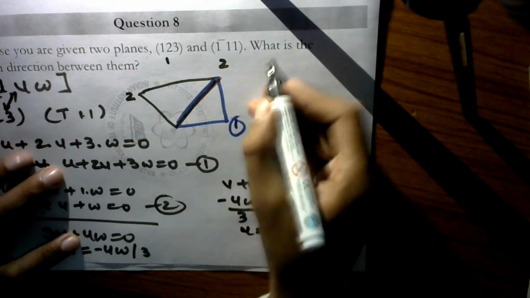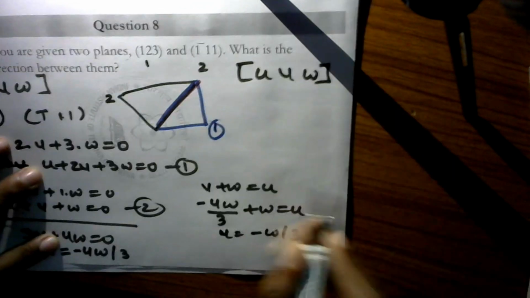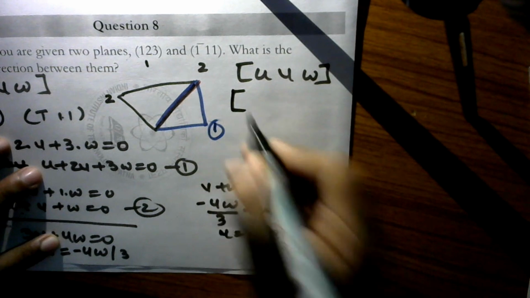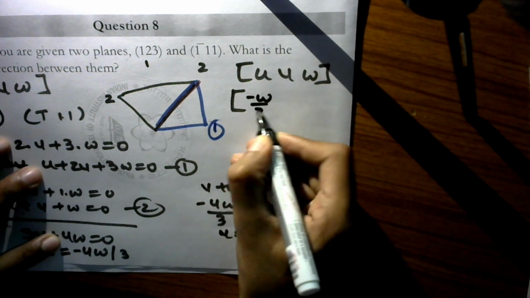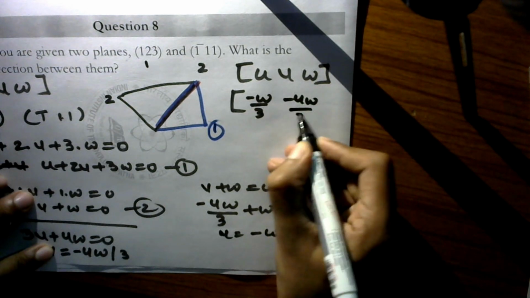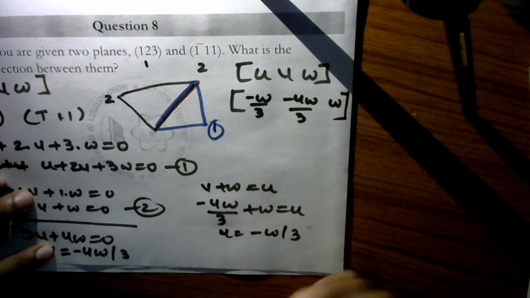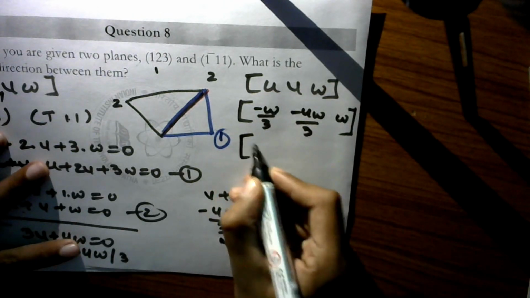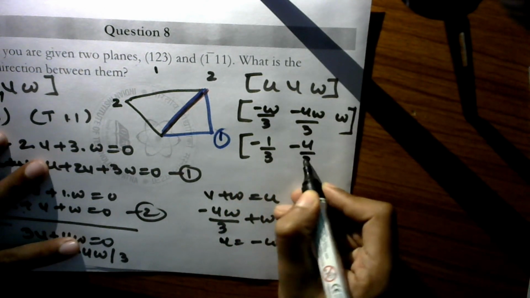So now I need to substitute U, V and W. I got U as minus W over 3. I got V as minus 4W over 3, and I can write W as it is. The common W we can remove. We will get minus 1 over 3, minus 4 over 3 and 1.